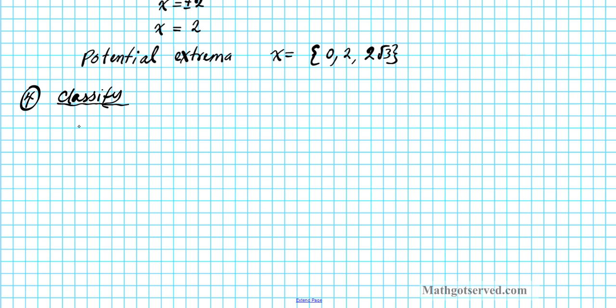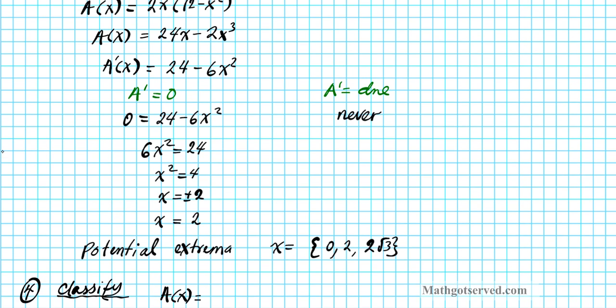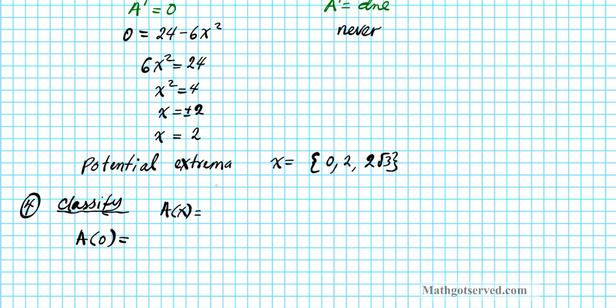So we're going to start with the lower bound of our domain, A of 0. Remember, we are plugging this into the area function. A of x equals, let's see, what's the area function? 2x times 12 minus x squared.